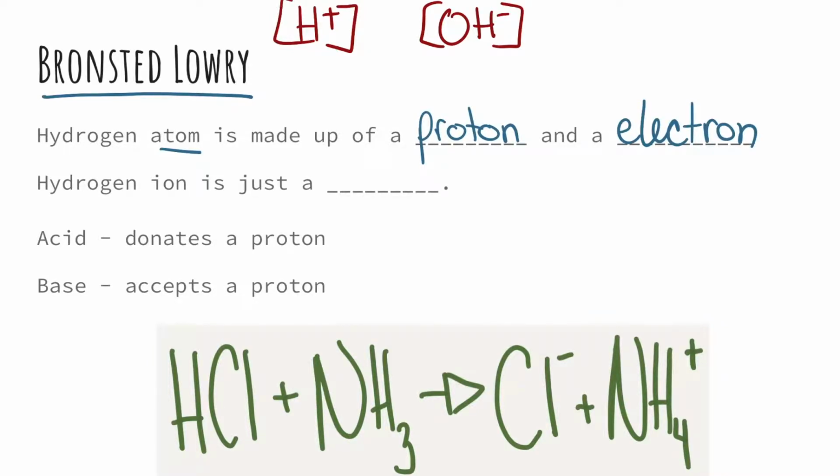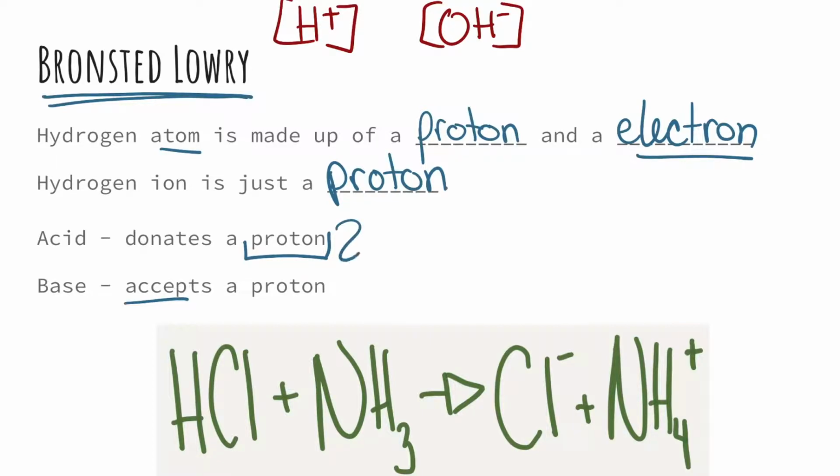If we consider that a hydrogen ion doesn't have the electron, it becomes just a proton. So when we're looking at the Bronsted Lowry definition, an acid is something that's going to donate a proton, whereas a base is going to be something that accepts a proton. And in the equation, we're going to look at H+ as representing that proton.